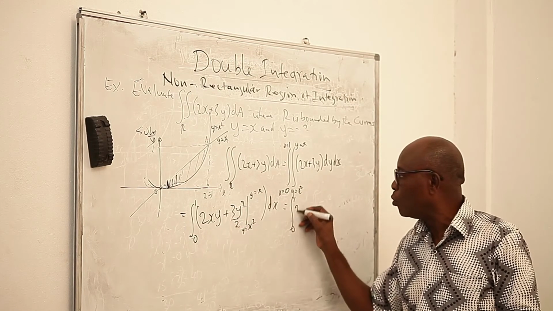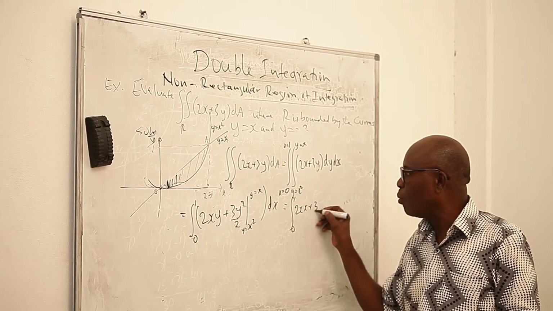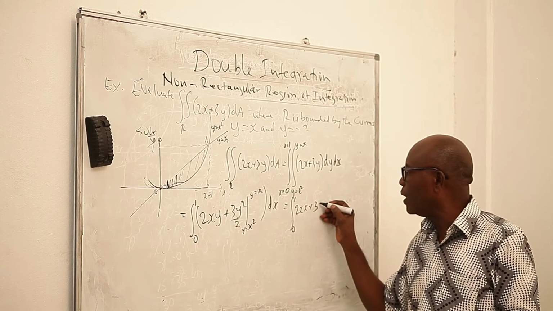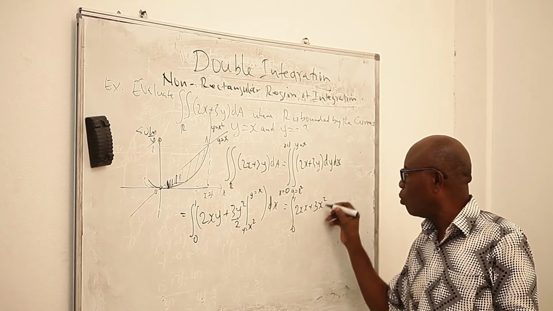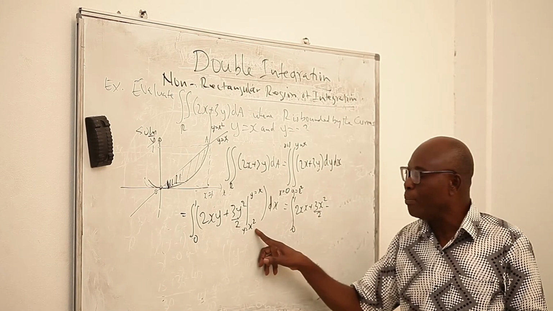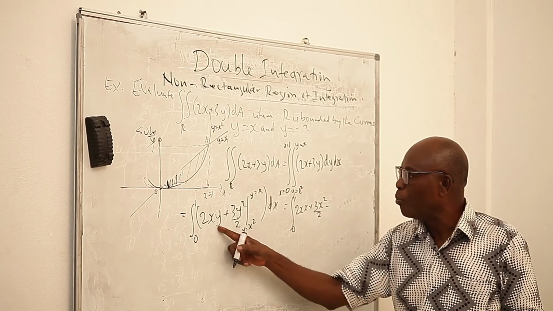So we're going to have 2x times x plus 3. When you see y, we put x. So 3y squared becomes 3x squared over 2, minus the lower limit. Minus lower limit is x squared. So when you see y, we put x squared.